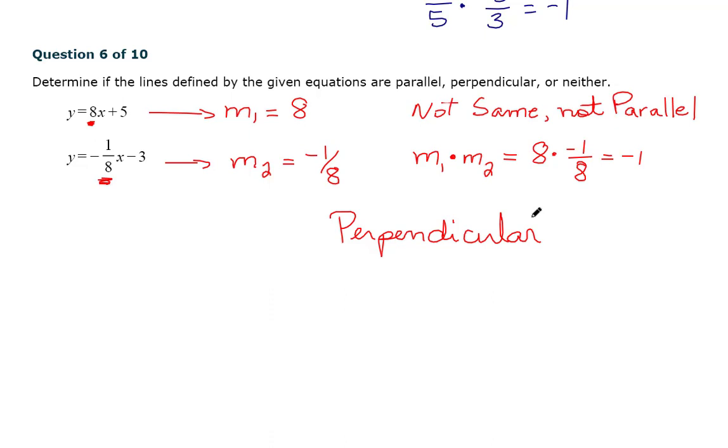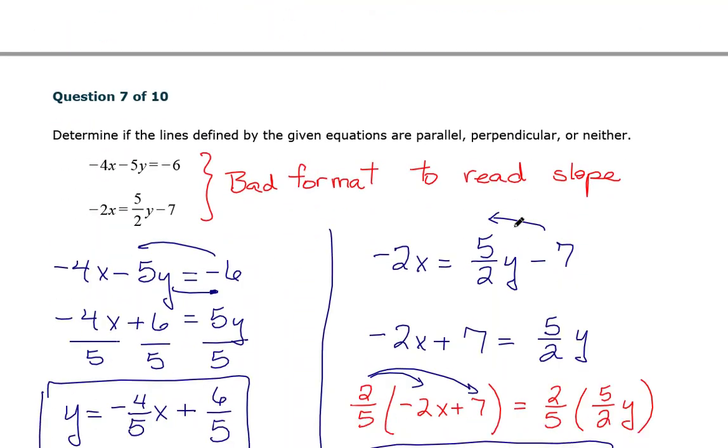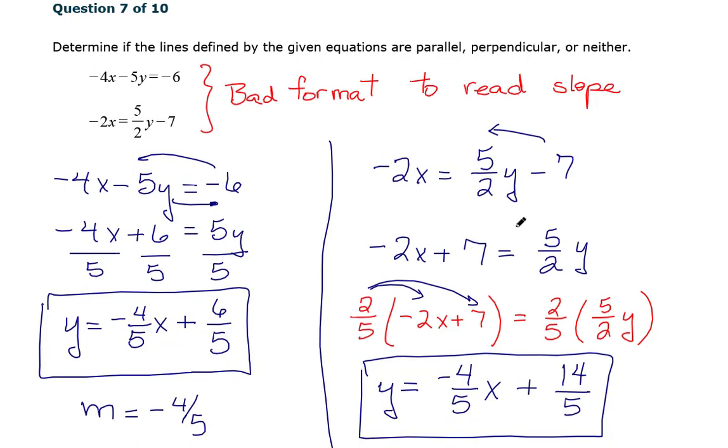Okay, question 7. We want to determine if these two lines are parallel, perpendicular, or neither. But they're in a terrible format. I can't determine anything about the slope. I can only read off the slope if I can get y by itself.